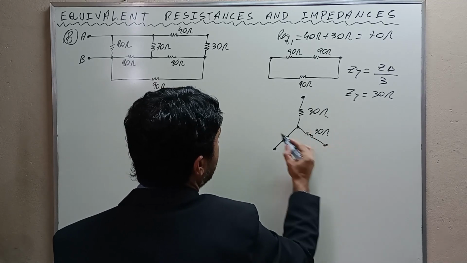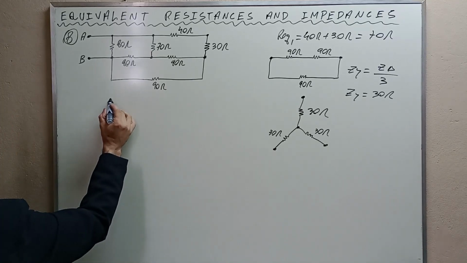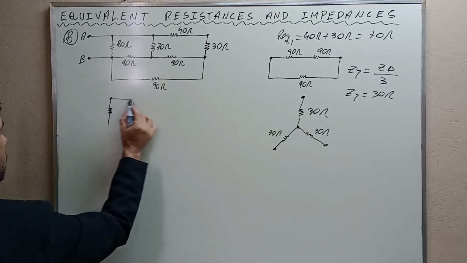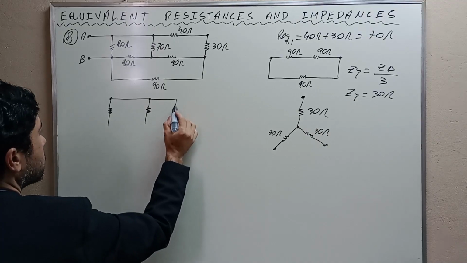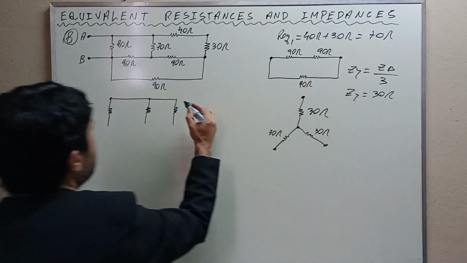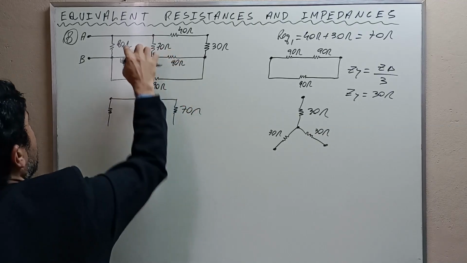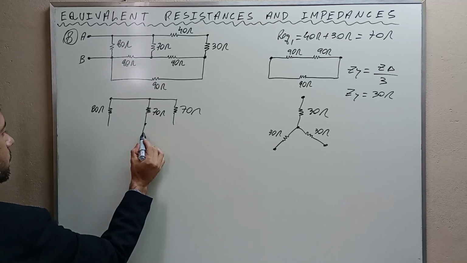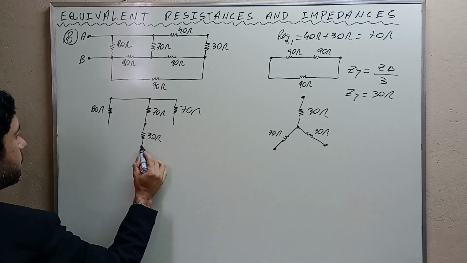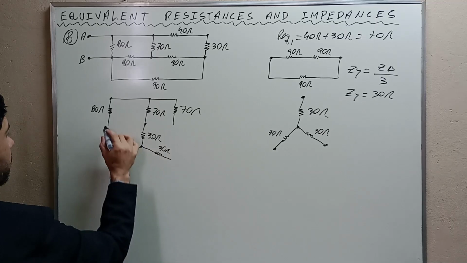Thirty, 30, and 30. This circuit here will be redrawn as, here is 70 from these two, 70 and 80, and now 30, 30, 30, and 30.